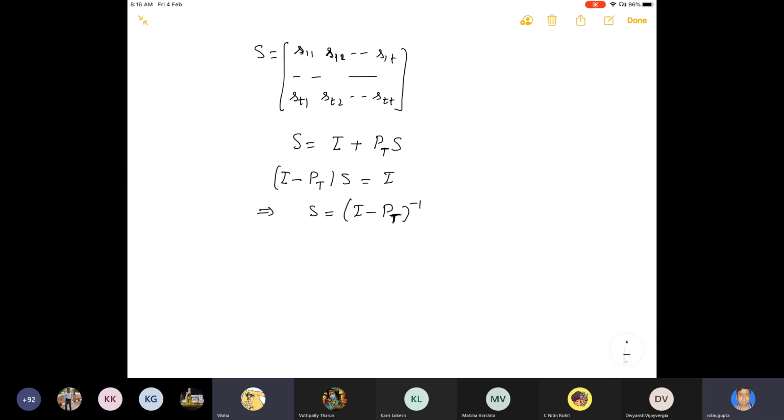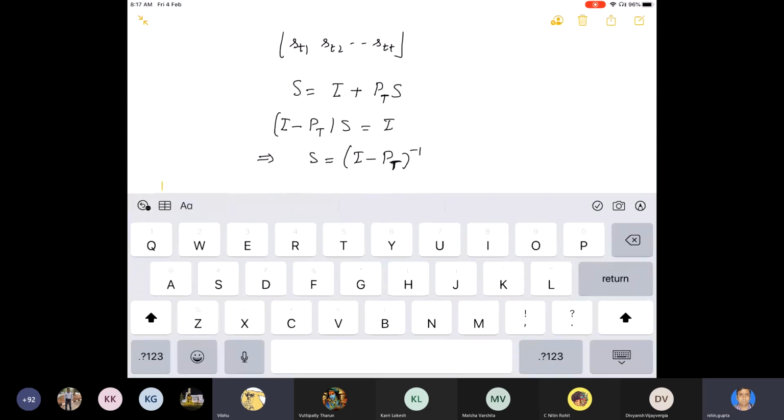So therefore, to determine the expected time spent in a transient state, starting from some transient state, we have to determine I minus PT, take the inverse of that and find out the answer, and the corresponding Sij value will be in the S matrix. So let us take an example.